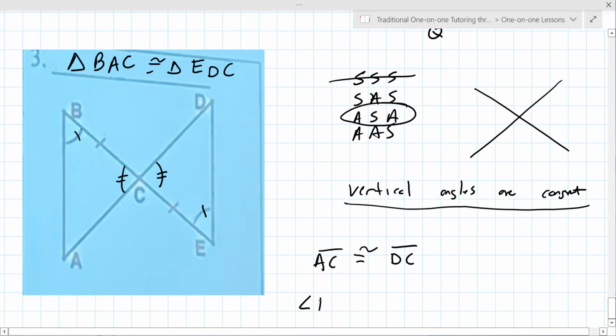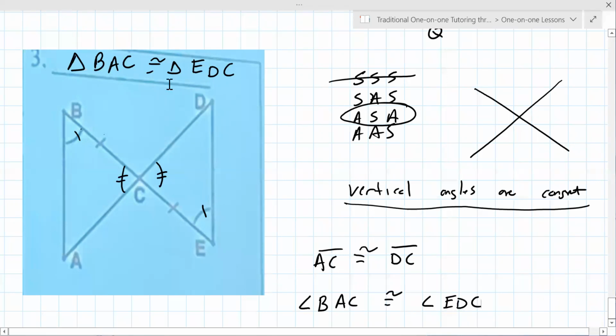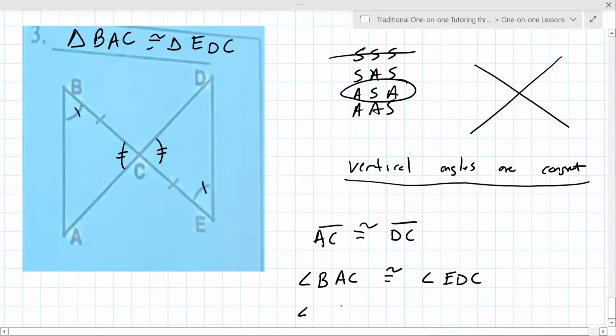Now, the other thing they could do here, which is really annoying, is they could go angle... Let's actually do it differently. BAC. What angle is that congruent to in the other triangle? It is congruent to EDC. Yes. Now, this is where you can leverage the order of the letters again. See how BAC went together and then EDC went together? So if I was being more difficult, I'd ask, how about angle CBA?